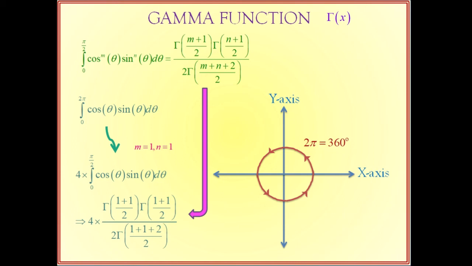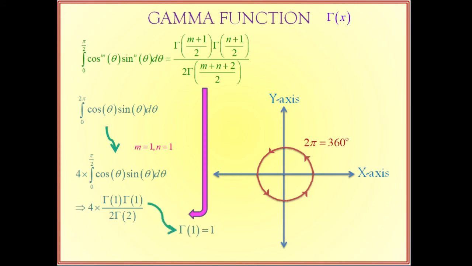Simplifying it further will result in this or this. The fixed value of gamma 1 is 1 and gamma 2 is also 1. Thus, we now have this after substituting the values, which after further simplification gets converted to 2.